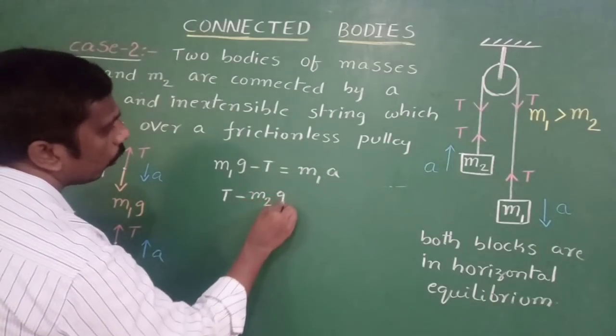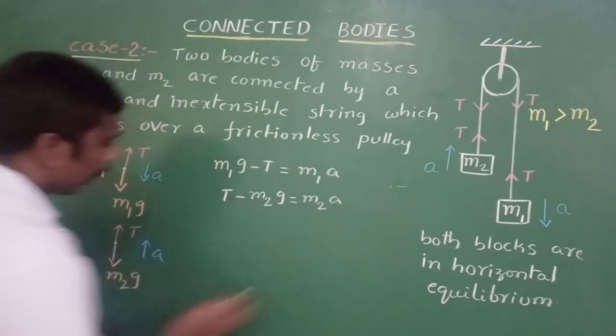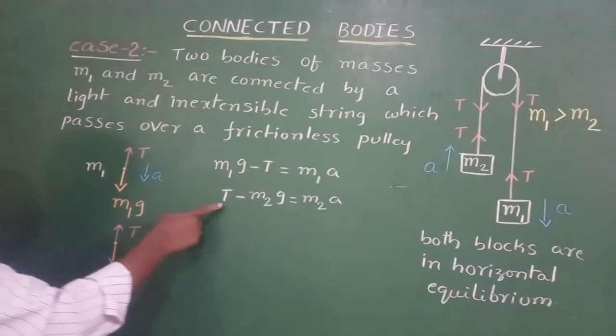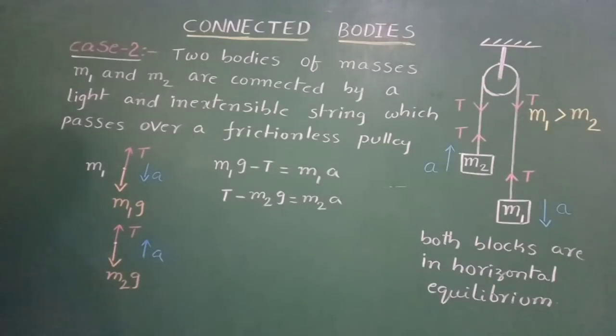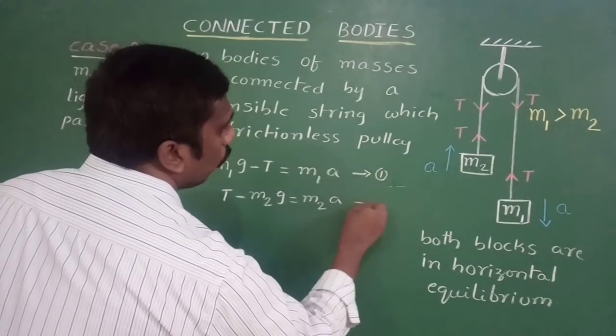That's why I am writing the net force equation T minus m2g is equal to m2 into a. Say this is equation 1 and this is equation 2.